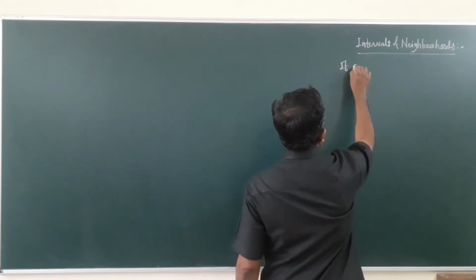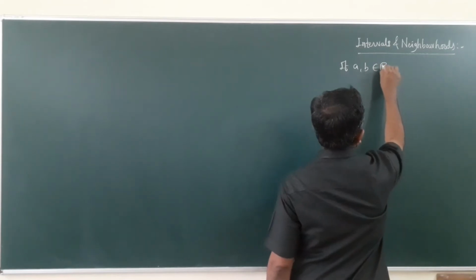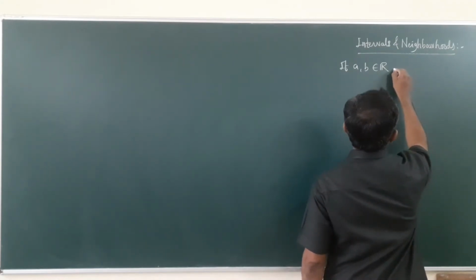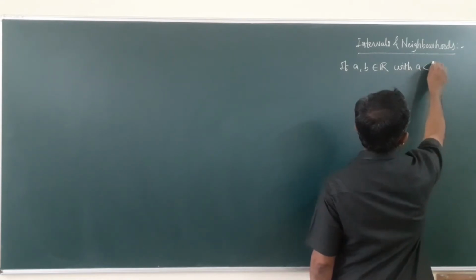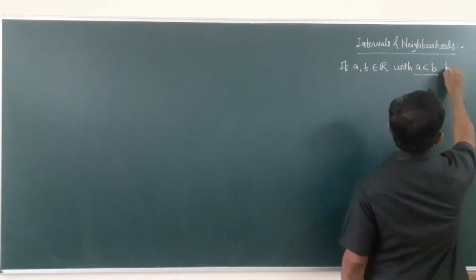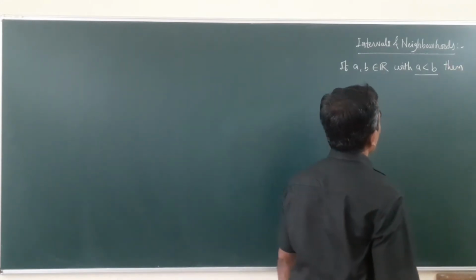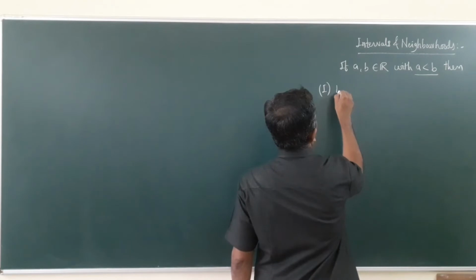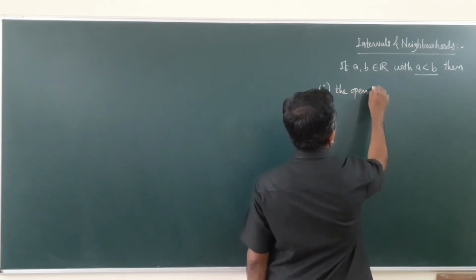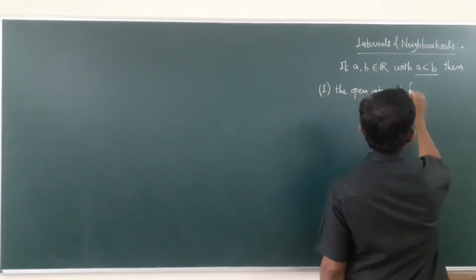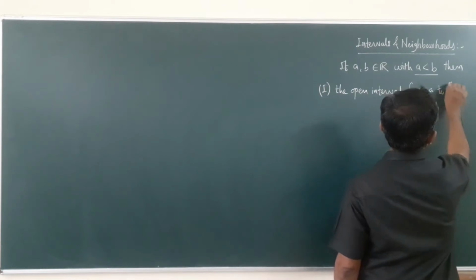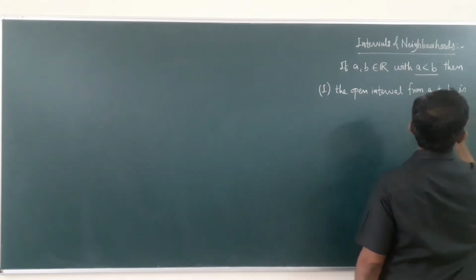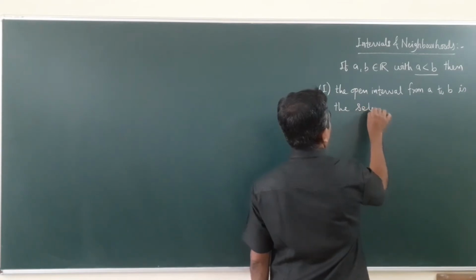If A, B belong to R, if A and B are any two real numbers, with A less than B, this is very important, then number 1, the open interval from A to B is the set.